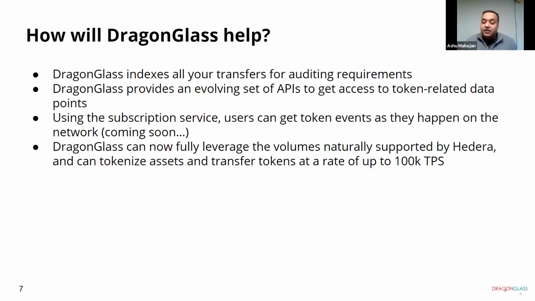You can get that quickly using DragonGlass APIs. And since DragonGlass was built to handle and support the high volumes at Hedera, we know we can go up to 100K transactions per second without breaking anything.